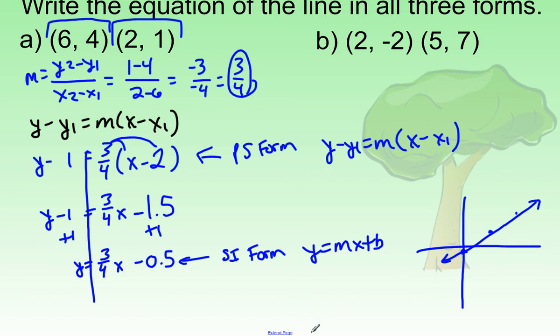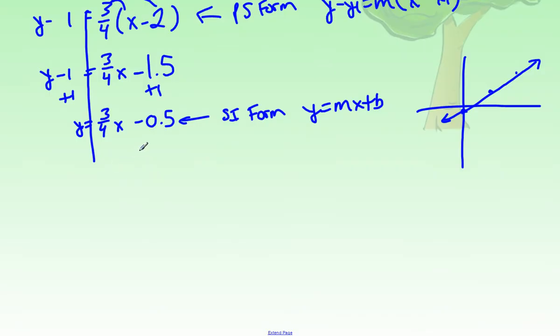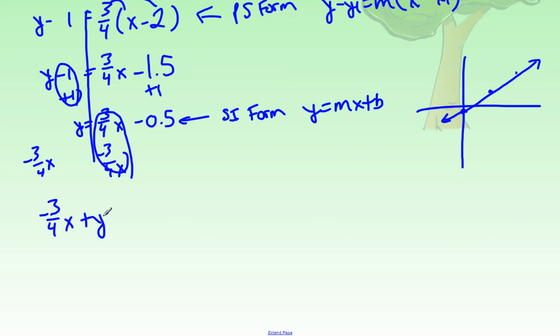That is what this line would look like. But we're just trying to change it into all three forms. So if I change this into standard form, I'm going to subtract this 3/4 x from both sides because it's positive, so you have to subtract it away. It cancels out, and we get negative 3/4 x plus y equals negative 0.5.